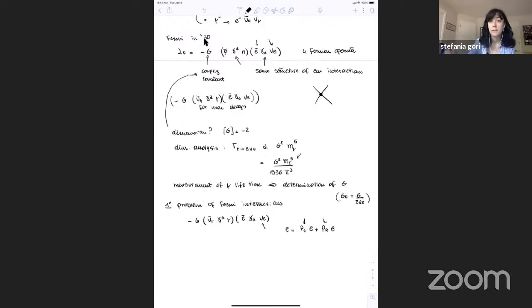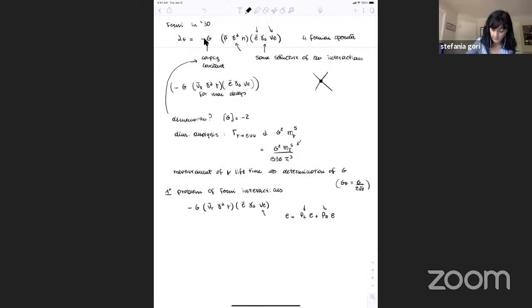And then you can do the same thing also for all the other fermions. So at the end of the day, if you do this exercise, you will find several terms in this Lagrangian. So you will find a term like this, where you have a P left here, and another P left here.